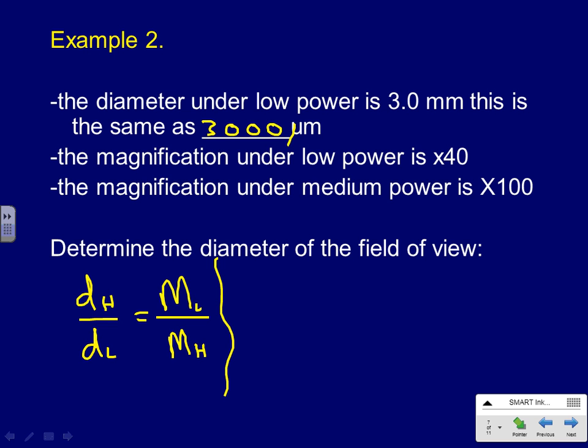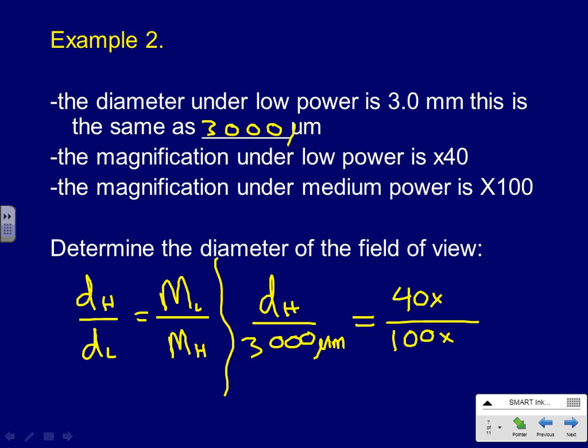So that's going to go in as my h's. dH, low power, 3,000 micrometers. ml, lower power magnification, 40 times. mh, the higher power magnification, 100 times.